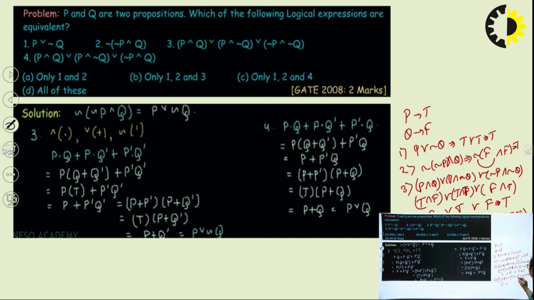Okay, true and this will become the true value, which will give the true value, and this will give you the false value. So false disjunction true disjunction false will give you the true value. So in all the four cases you will get the true value. So you can say that all of these are logically equivalent. This is an example of a question from GATE 2008. This is very simple.